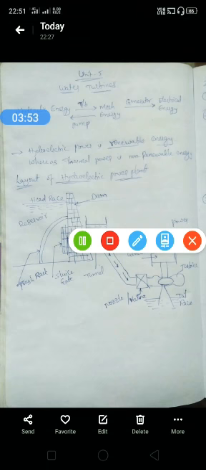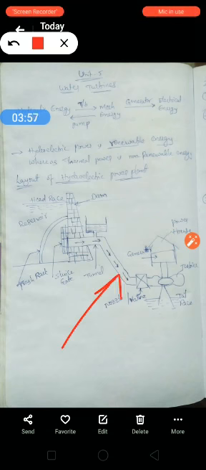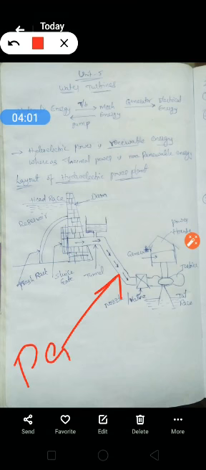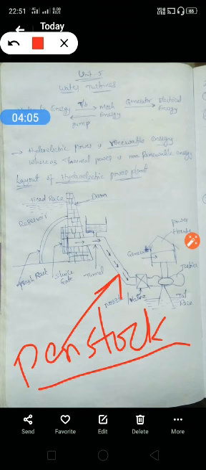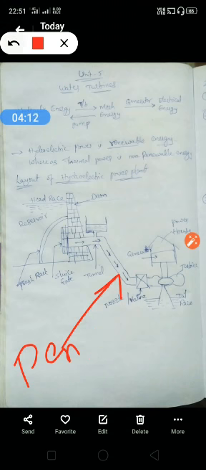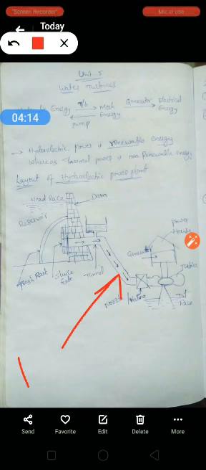And the next important construction is penstock. So penstock is a pipe in the form of conduit and acts as a passage of water, connecting the tunnel to the nozzle.